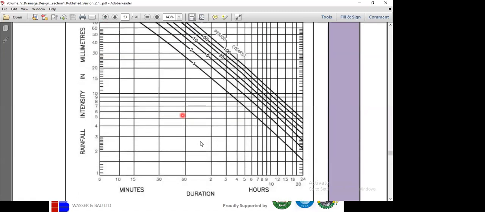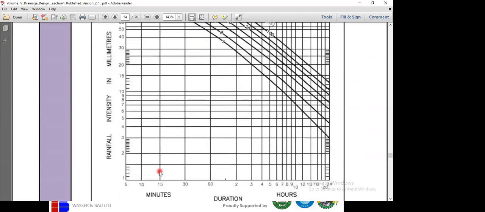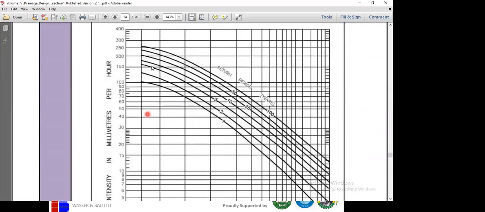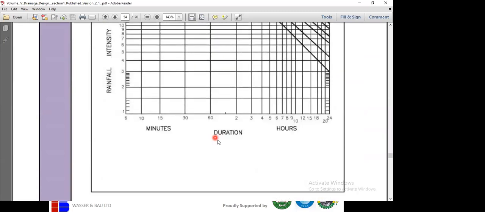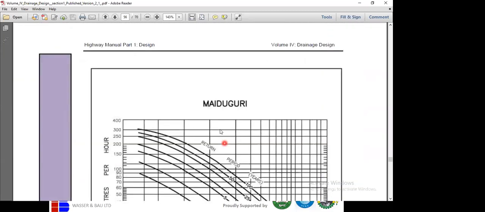Then for other cities, for Lagos Island, let's look at what Lagos is. For a 15 minutes rain in Lagos, and for a design period of 5 years, Lagos is giving us 160. You see the difference? Let's go for a city that's far north and see what the value is. Maiduguri, good.